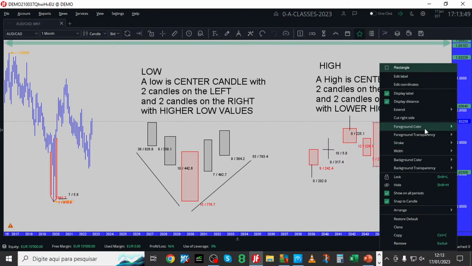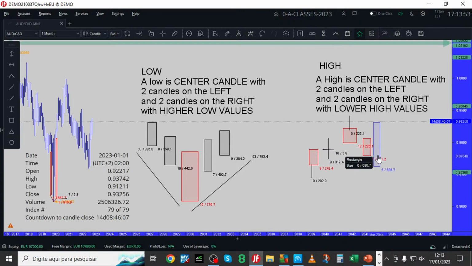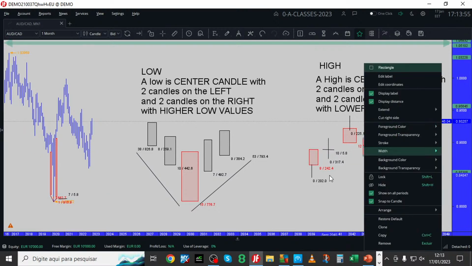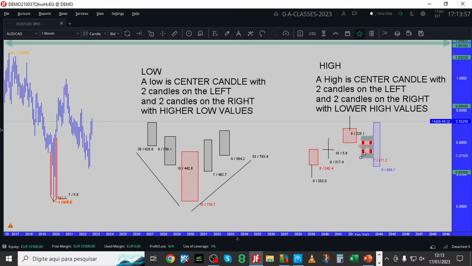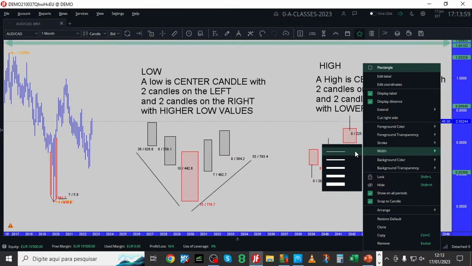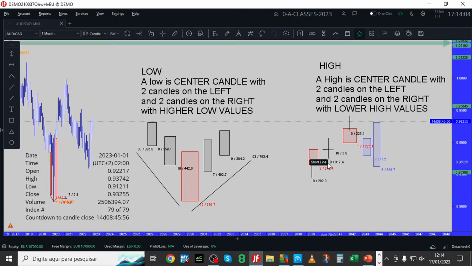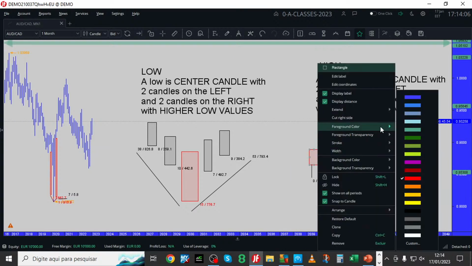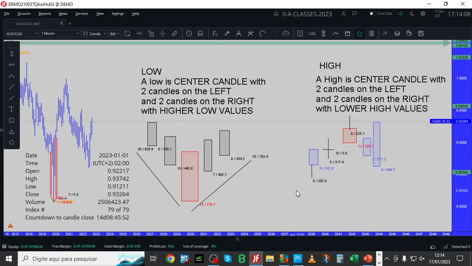Okay, and let's color code this differently this time. Foreground color blue, maybe, just to differentiate. Whoops, didn't mean this one. Blue one more time, and here the color is blue. Okay, everybody, a high is a center candle, the red one.